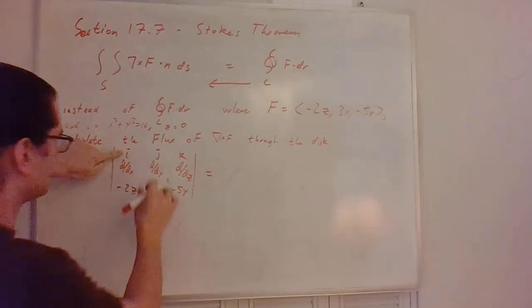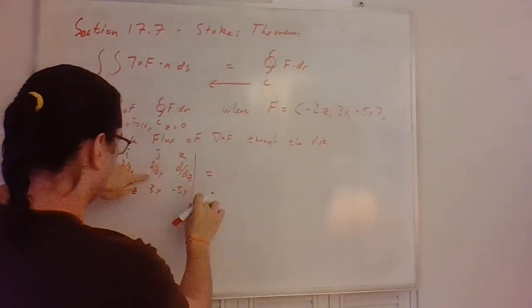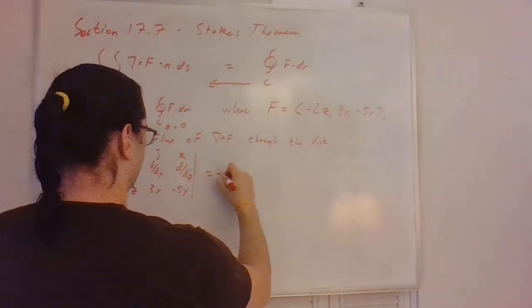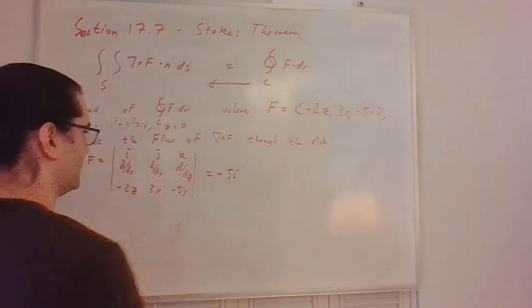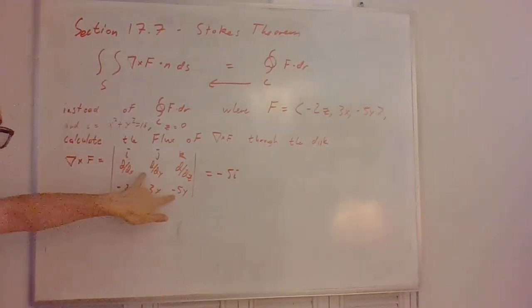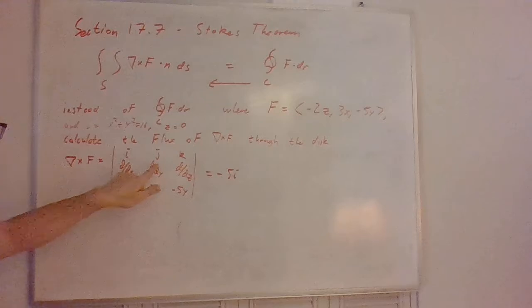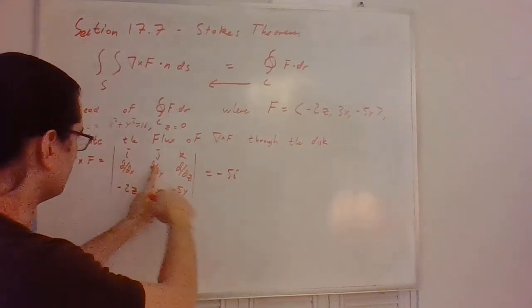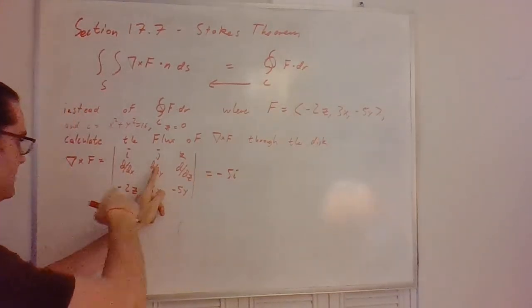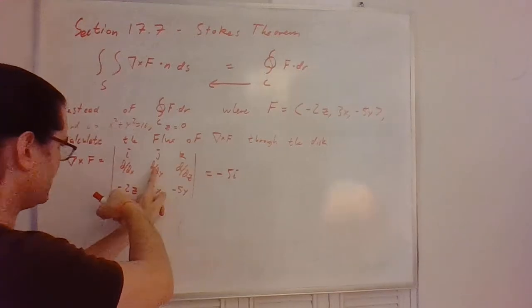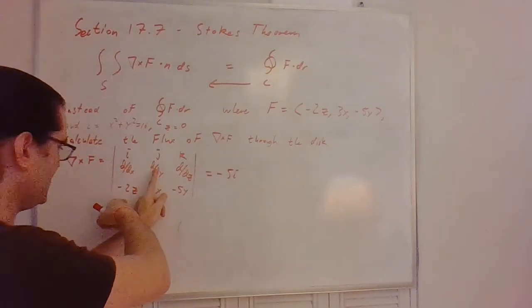So expanding across i gives us negative 5. Right, there's that derivative, and that derivative is 0. Expanding across j is going to give us 0 minus negative 2z.